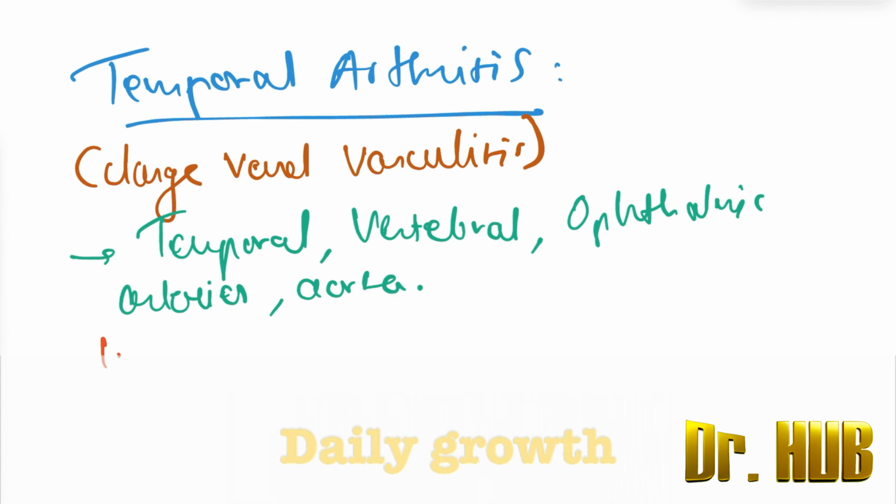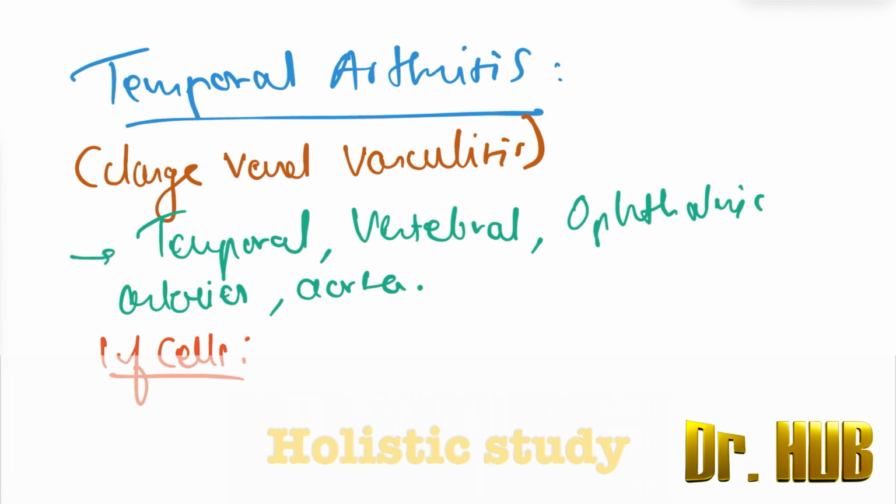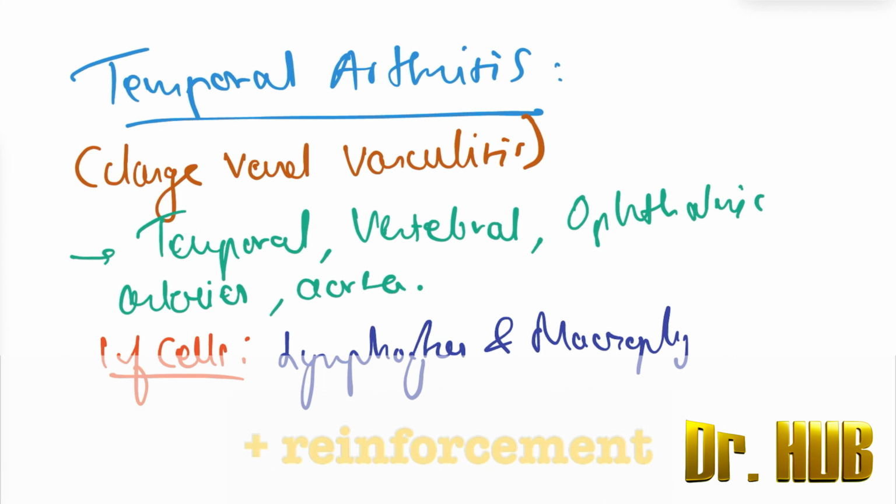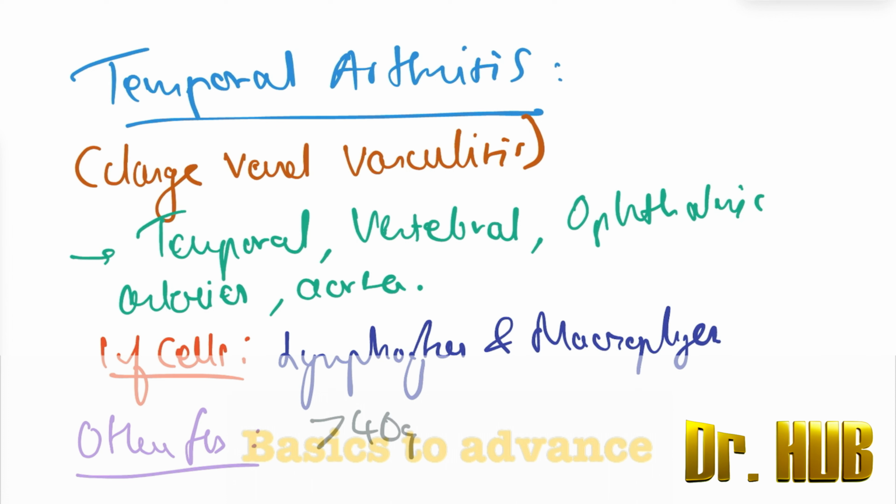So what are the inflammatory cells? When you look at inflammatory cells, it includes the lymphocytes as well as the macrophages. Next, when you look at the other features, it includes age greater than 40 years.